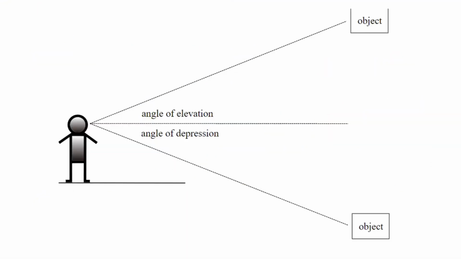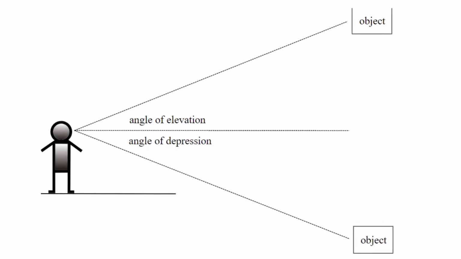The next thing we'll talk about is angle of elevation and angle of depression. So we've got an observer here. So at their eye level, you imagine there being a horizontal line right at eye level. So, for instance, if this was a bird in the sky, you would have to look up from the horizontal in order to observe the bird.